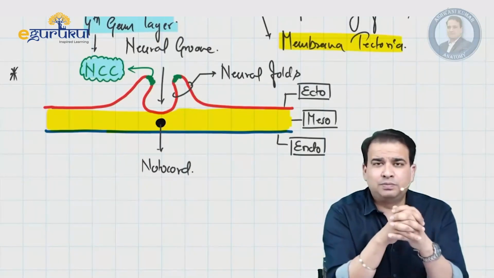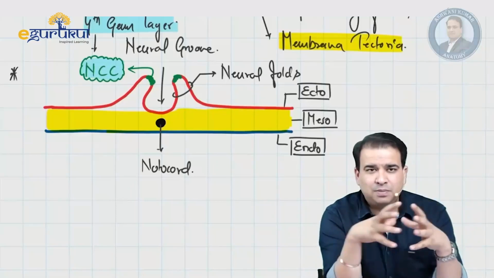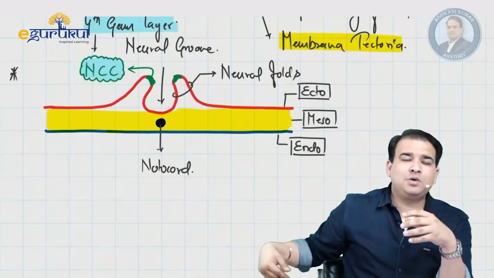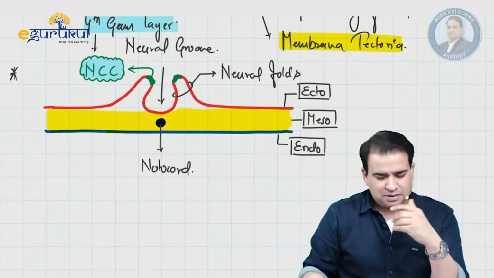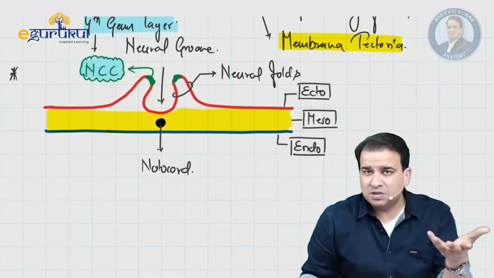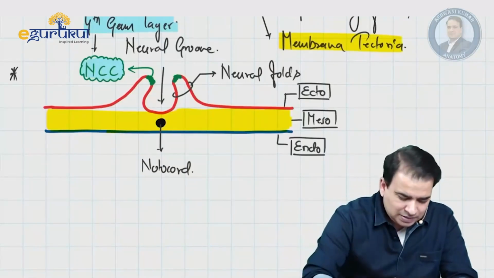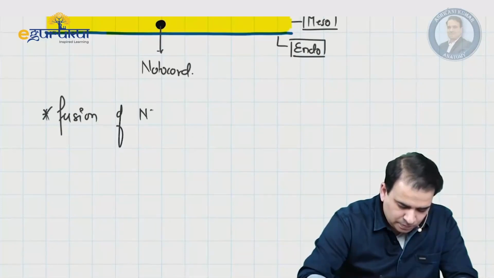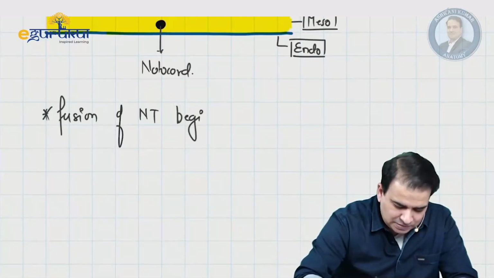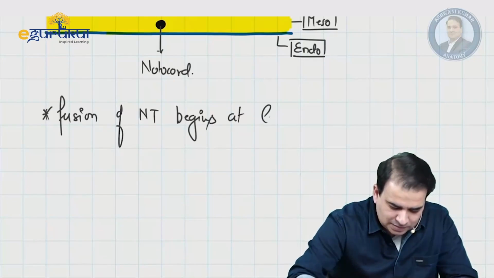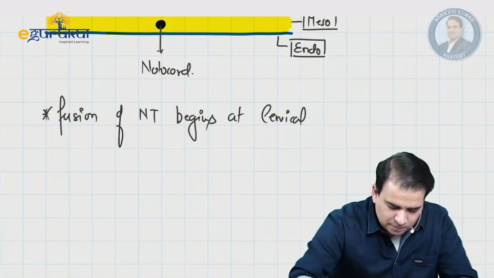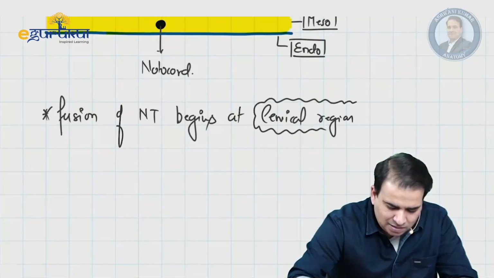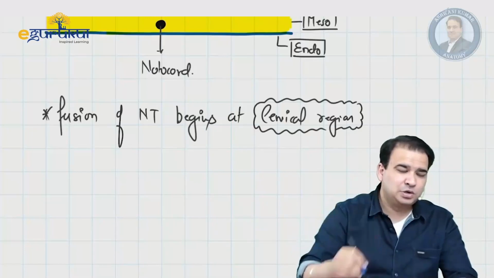Although a few journals say that there are multiple sites where neural tube fusion begins, going with the most standard text available in the textbook right now, the fusion of the neural tube begins at the cervical region. So it's not exactly cranial; it is the cervical region where the neural tube starts to fuse.